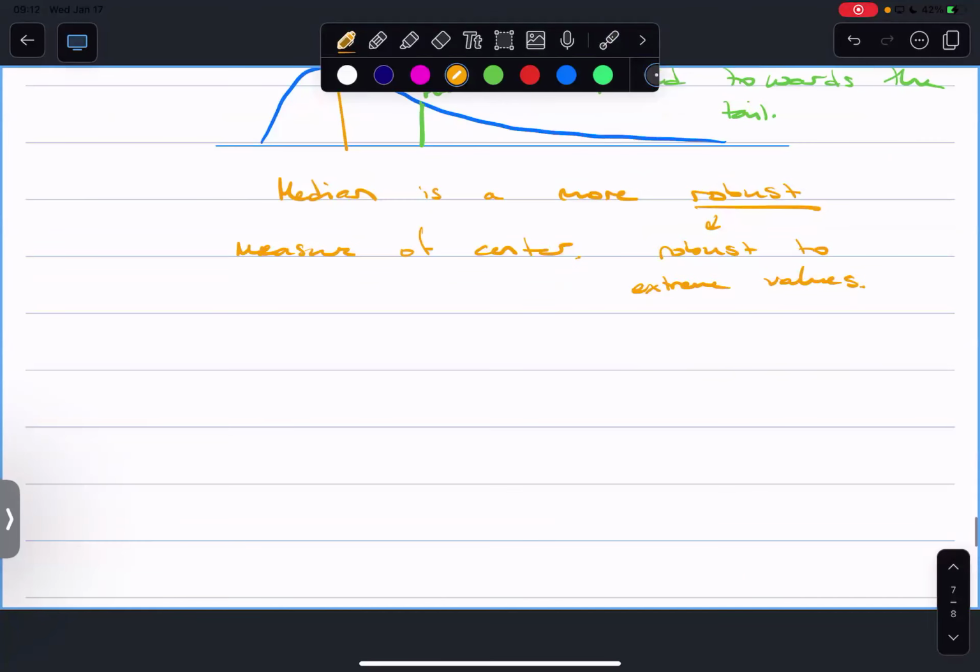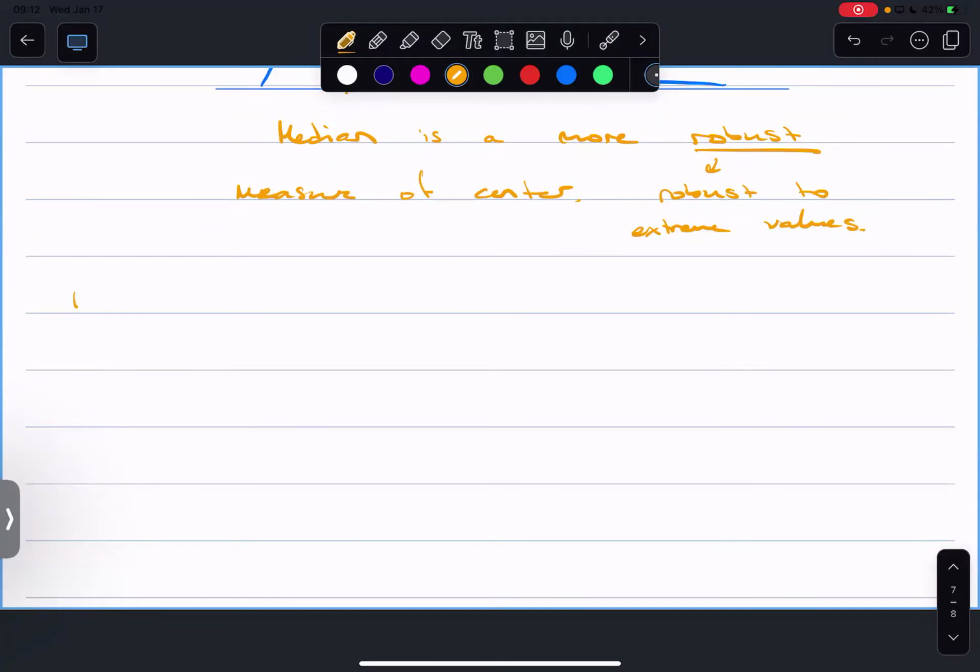I guess I should say what the median is first. The median is the value that splits your data in half, right? So your sorted data, you sort it from smallest to largest, or I guess if you're crazy, largest to smallest, doesn't matter. But I could never.